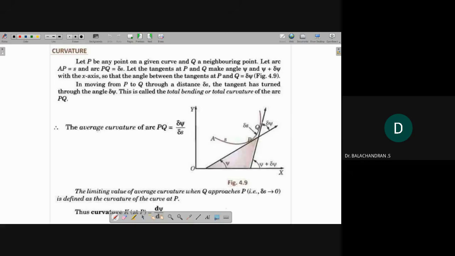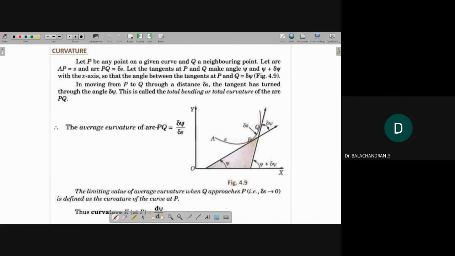If you move from P to Q through the distance delta S, the tangent has turned through the angle delta psi. This is called the total bending or the total curvature of the arc PQ.